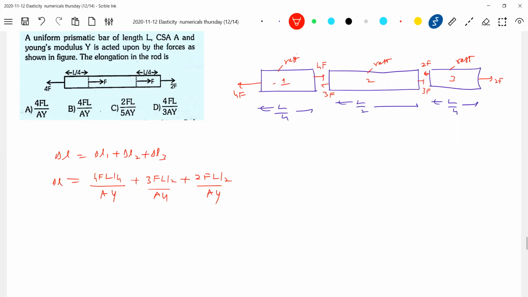One plus 3 by 2 plus... anybody answer? Sir, 2F L by 4, sir.